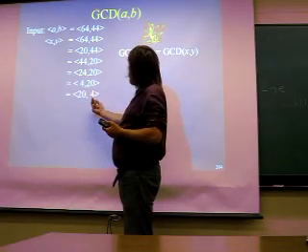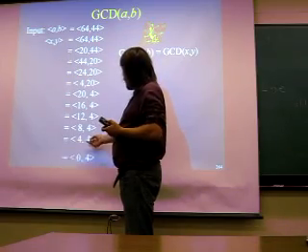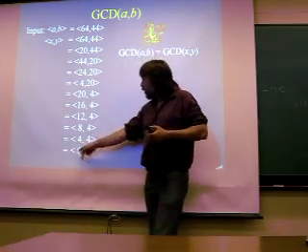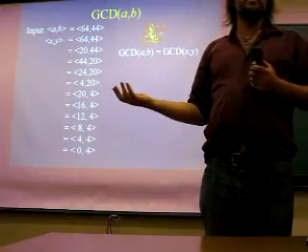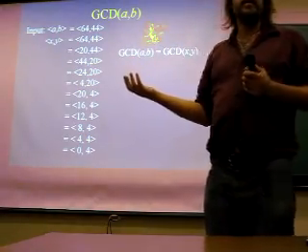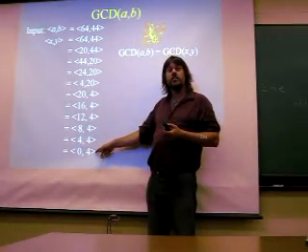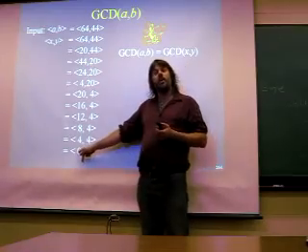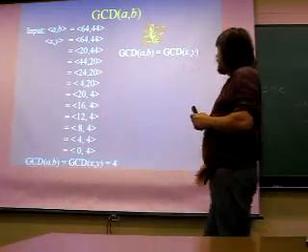You swap them again, and you subtract, and then eventually, if they keep getting smaller, one of the numbers will end up being 0, right? Now, what's the GCD of 0 and 4? It's 4, because 4 divides into 0 and 4 divides into 4, right? And that gives us our answer.